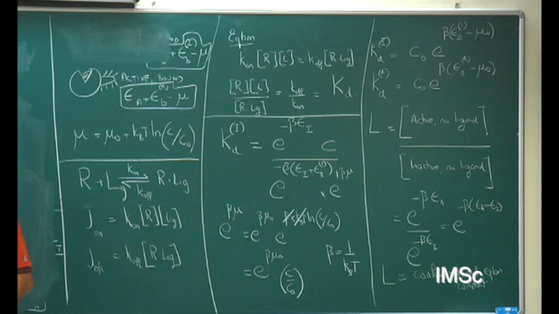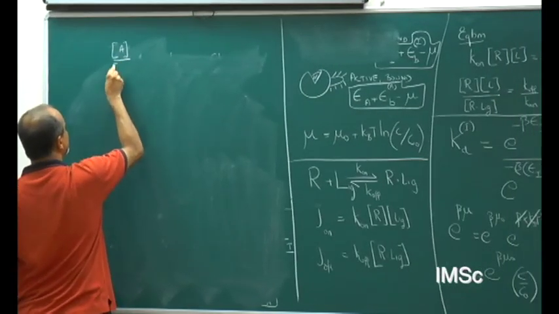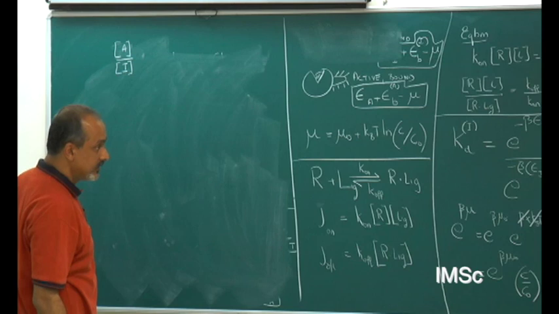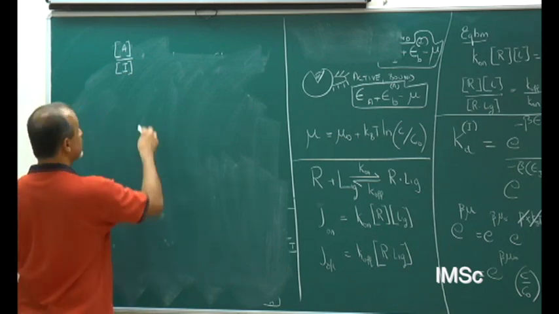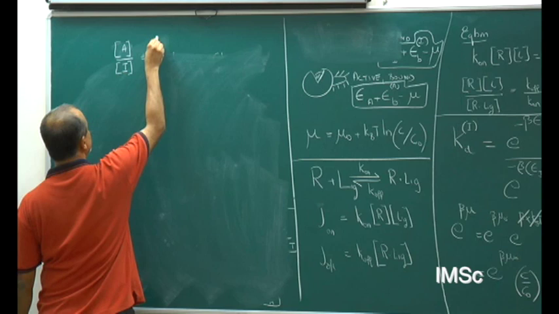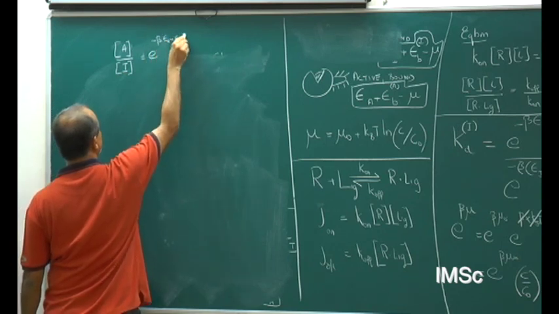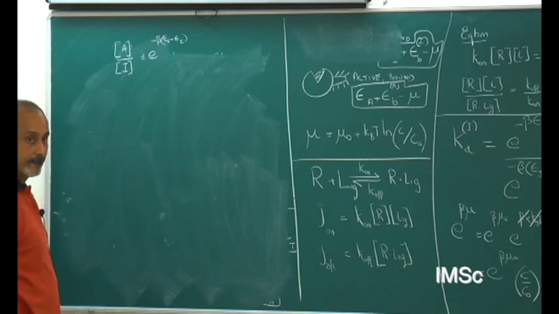So the amount of active divided by the amount of inactive, both without any bound ligand, is just given by that particular fraction here, which is e to the power minus beta times epsilon active minus epsilon inactive. Okay?